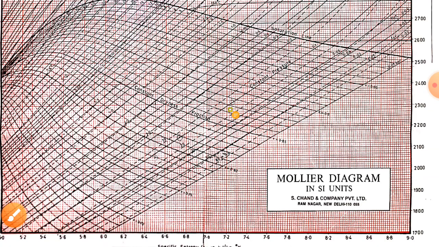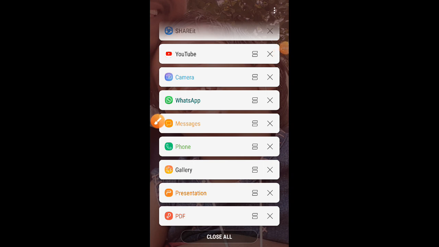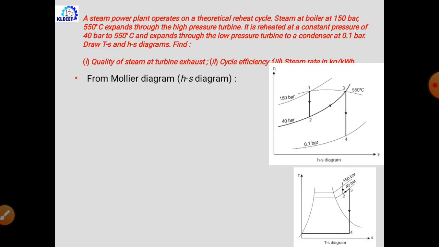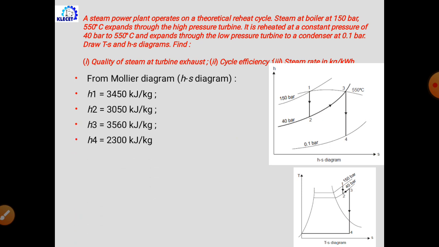So this is how we can use the Mollier chart. After getting the values from the Mollier diagram, these are the values that we obtained. Then again HF4 from the steam table: the enthalpy of saturated liquid at state 4.